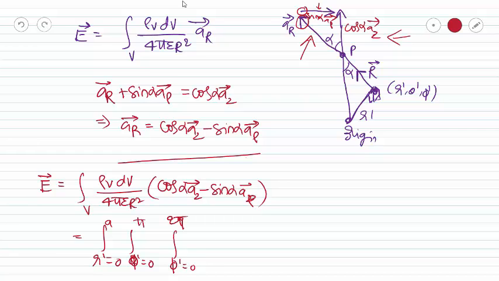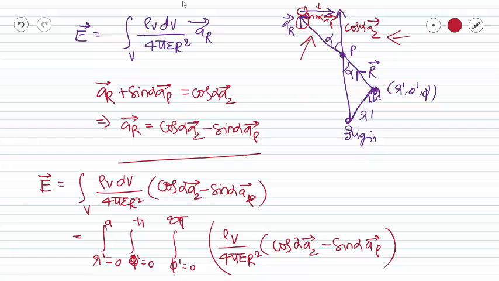This is the triple integral, which is rho v by 4 pi epsilon r square times cos alpha az bar minus sin alpha a rho bar, into dv. What is dv? r dash square sin theta dash dr dash d theta dash d phi dash.